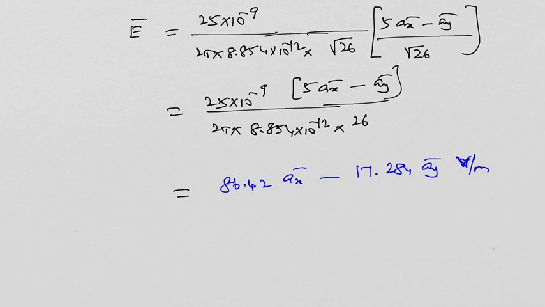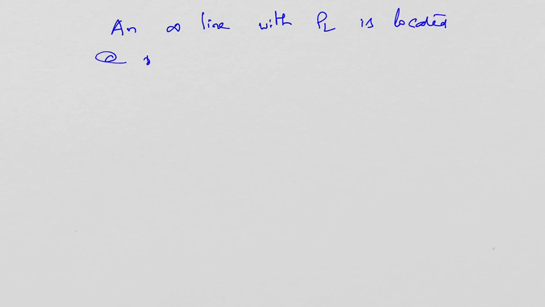Okay, with this idea, I can go for one more problem. An infinitely long straight conductor with the uniform line charge density is located at y is equal to 3, z is equal to 5 units.